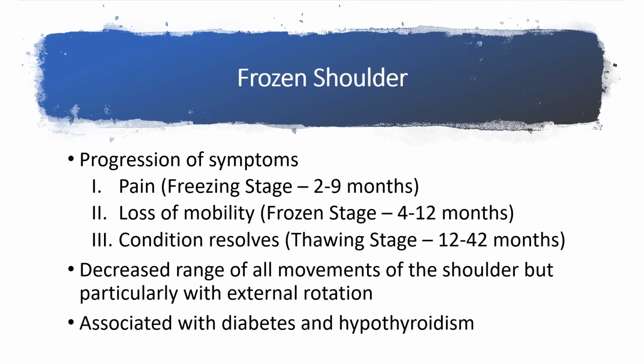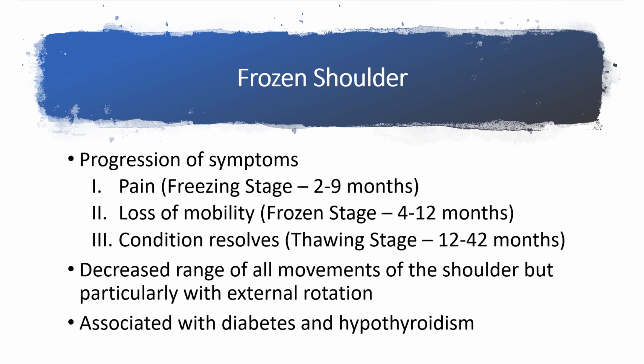So just going back to this 55-year-old woman who had the onset of painful shoulder over the last 3 months and finding it difficult to move in all directions, affecting all her activities of daily living, continuous pain, worse at night. This lady is typical of someone beginning with frozen shoulder, with severe pain.